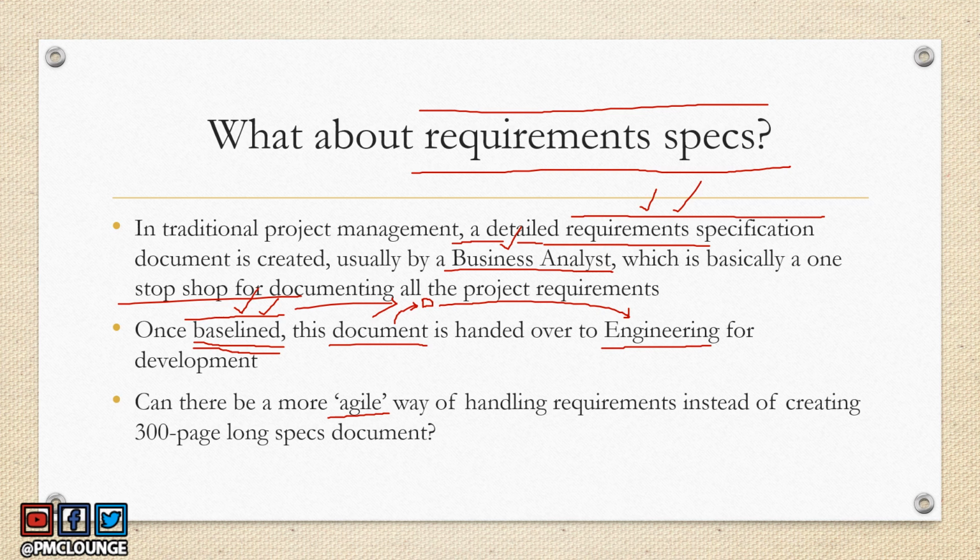That is definitely tending towards the waterfall way of working on projects. So can there be an agile way of dealing with requirements? That is where we come to the topic of user stories, because user stories avoid 300 page long specifications documents.